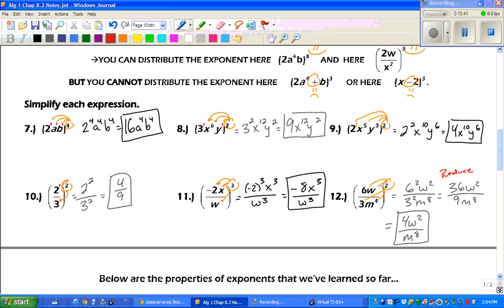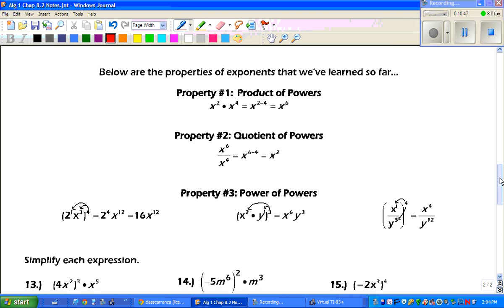All right, let's go ahead and flip it over. Now we're going to be combining all of our properties below. Okay? We've talked about the product of powers property, when you multiply the numbers, you actually add the exponents.